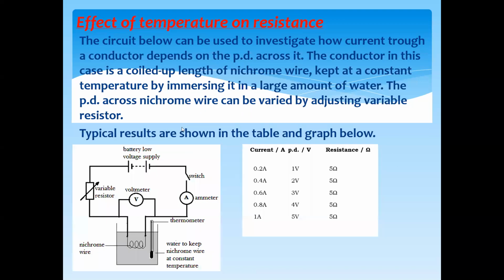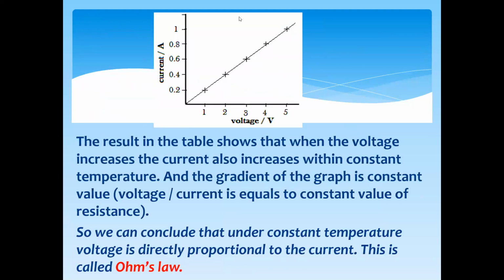Now we will start heating it. If we keep the temperature constant and plot a graph between current and voltage, the slope represents the reciprocal of R. Why reciprocal here?